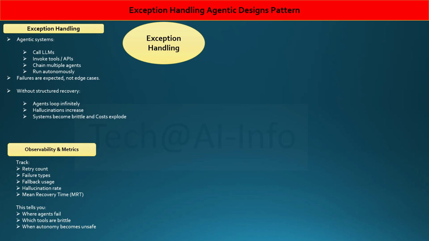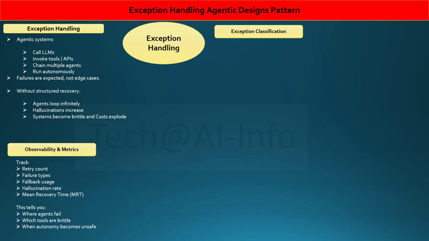With observability, failures are visible, recovery is measurable, and autonomy is controlled, not blind. In one line: if you don't track how agents fail and recover, you should not let them run autonomously.